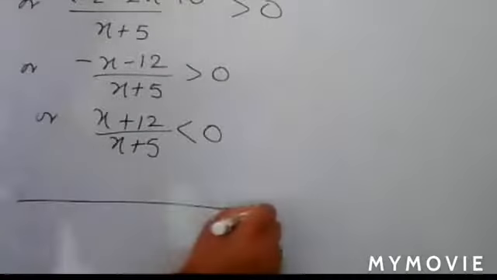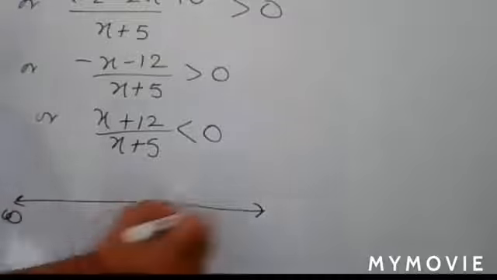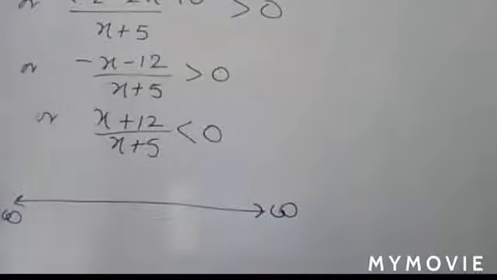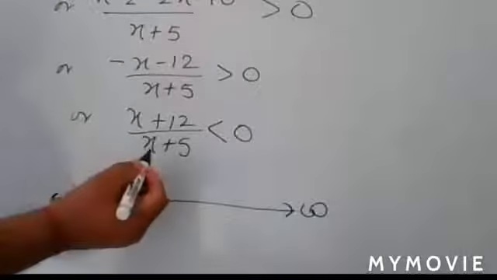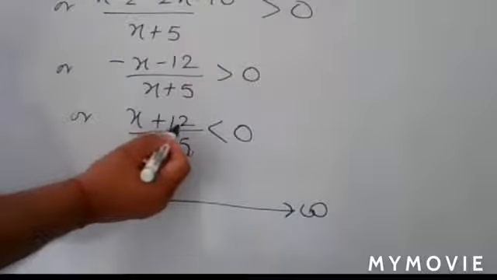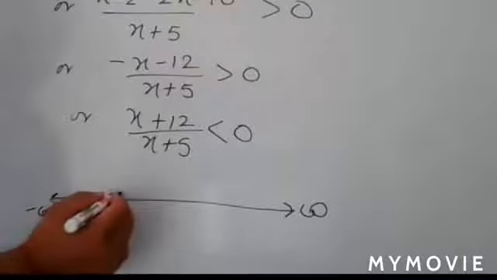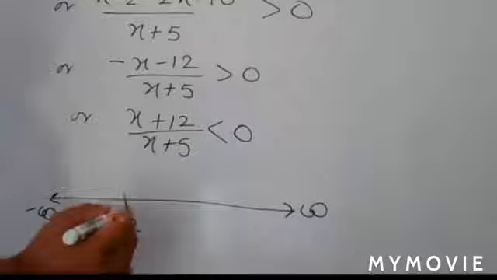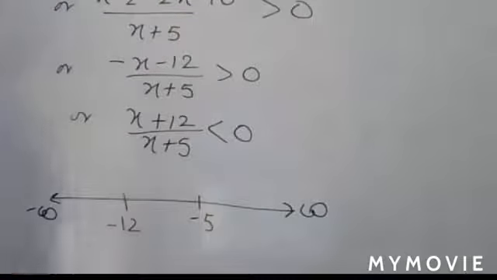So just check it. Here you have a number line, minus infinity and infinity. If you take x plus 12 equal to 0, you have x equal to minus 12, so you write here minus 12. x equal to minus 5 is there, so you write here minus 5. Now check its sign.